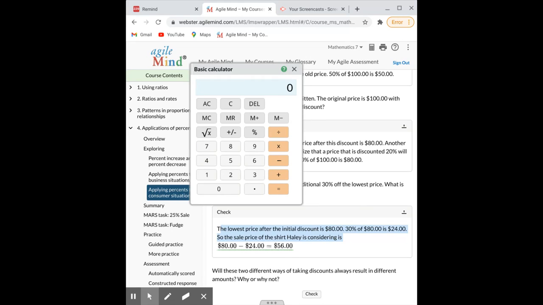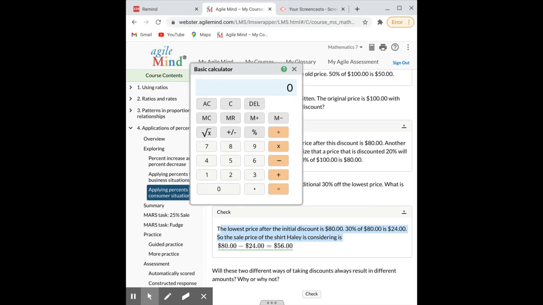Will these two different ways of taking discounts always result in different amounts? Why or why not? They will. Why? Because they may have a different starting price that you have to buy from.